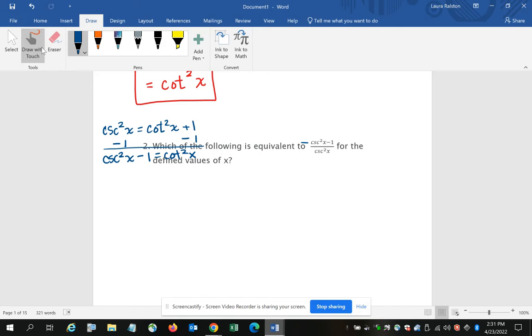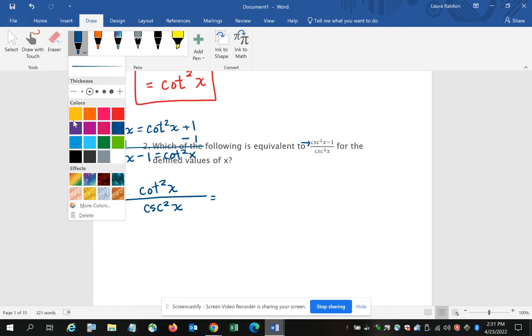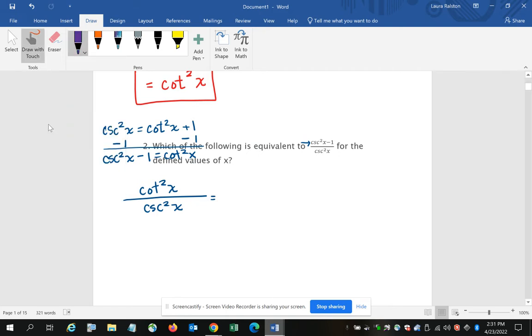So this expression on the top, cosecant squared x minus 1, is the same as cotangent squared x. So I can rewrite this as cotangent squared x over cosecant squared x. And then I'm going to convert to sine and cosine. If nothing else, when you're working these problems, convert everything to sine and cosine.